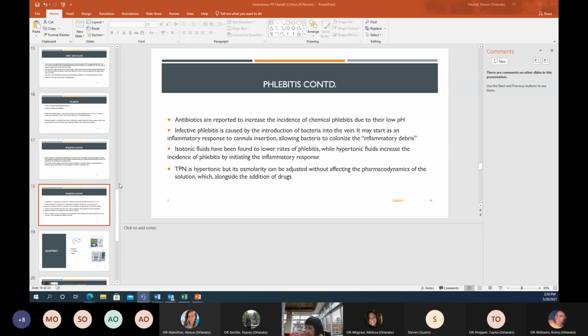TPN is hypertonic, but this osmolarity can be adjusted, because sometimes they decrease the osmolarity of the TPN to prevent the patient from having problems, because as I said before, it does cause problems to the patient.